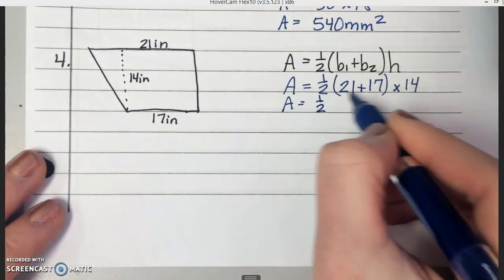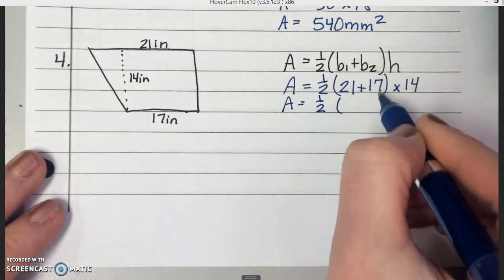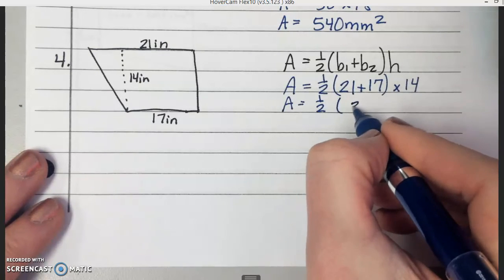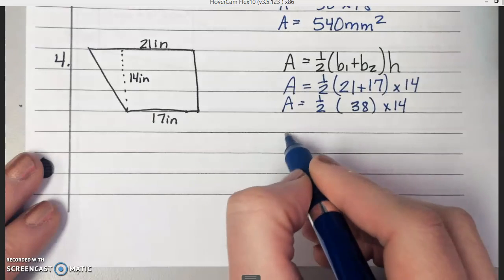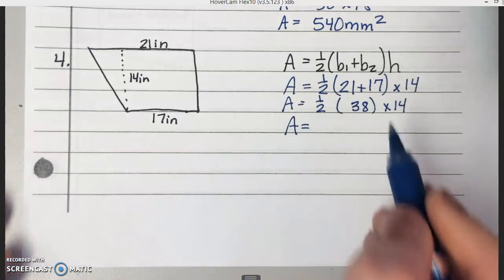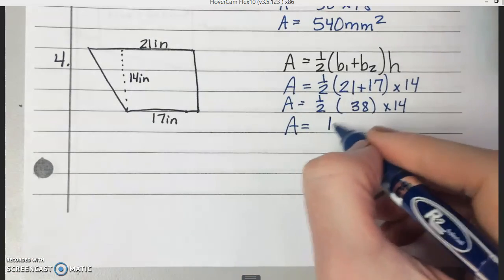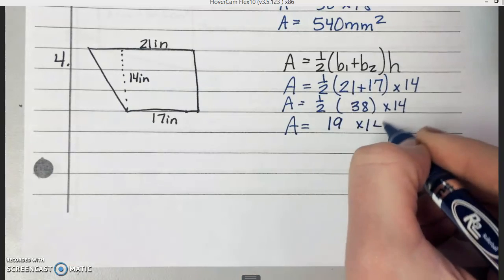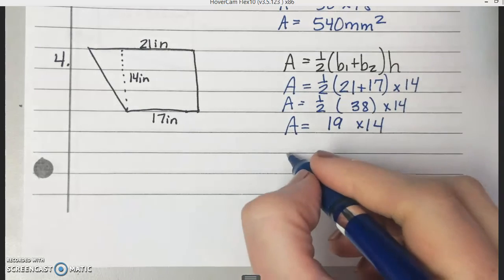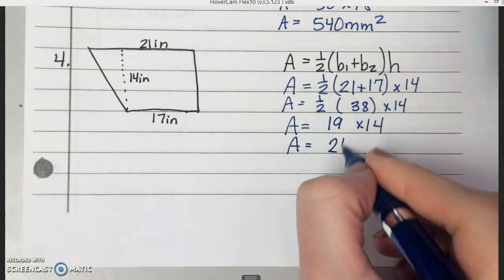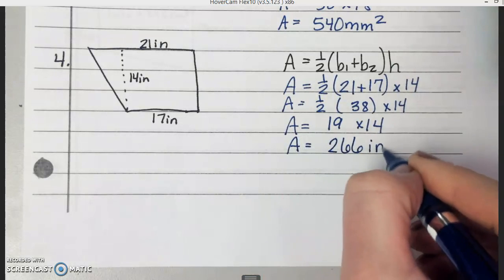So first I'm going to do what's in parentheses. So 21 plus 17 is 38. I'm going to go ahead and half 38, which would be 19. And then I'll multiply it by 14, which gives me 266 inches squared.